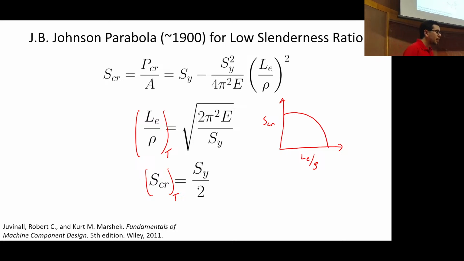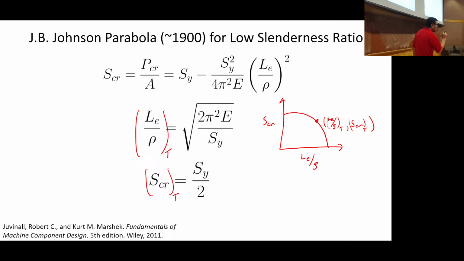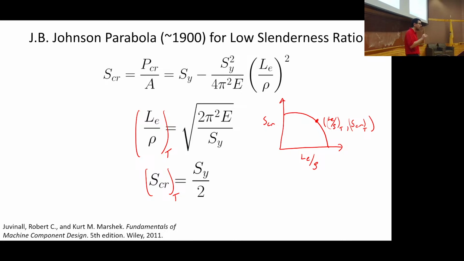And these values right here, we'll call them the tangent values, the tangent point. These tangent points represent the transition from Johnson buckling to Euler.